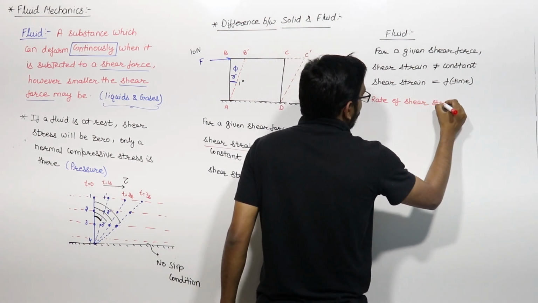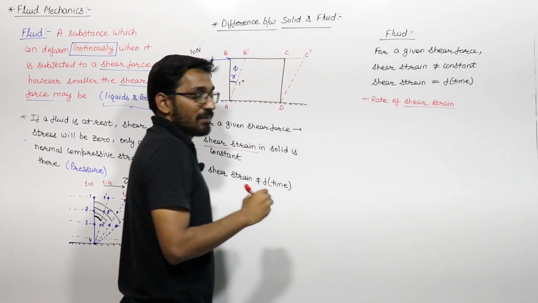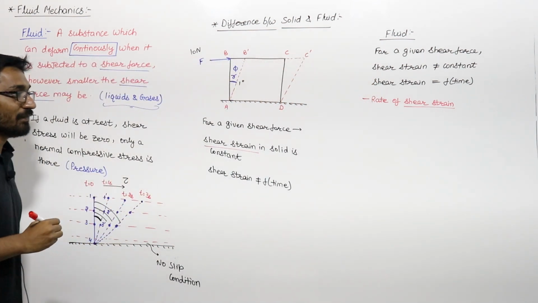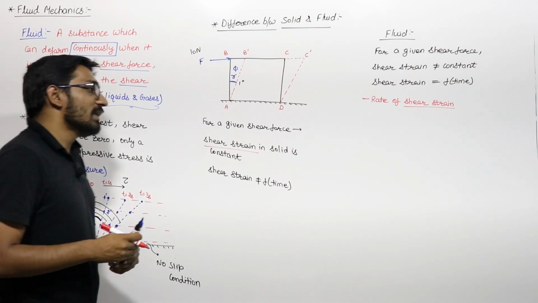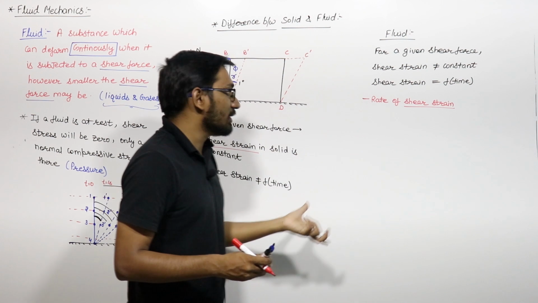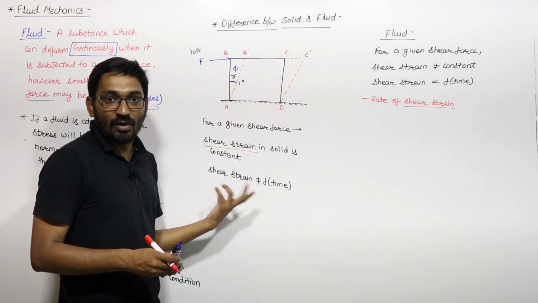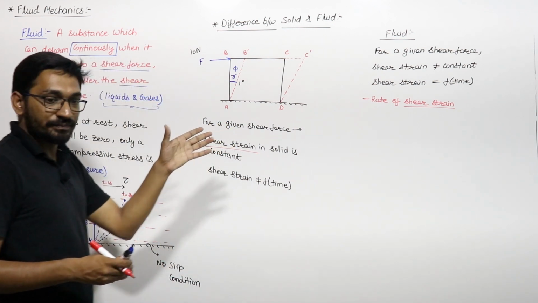That means the variation of shear strain with respect to time. Rate means with respect to time. So in fluid, we deal with rate of shear strain because it is a function of time. But in solid, we deal only with shear strain, not rate, because it is constant.